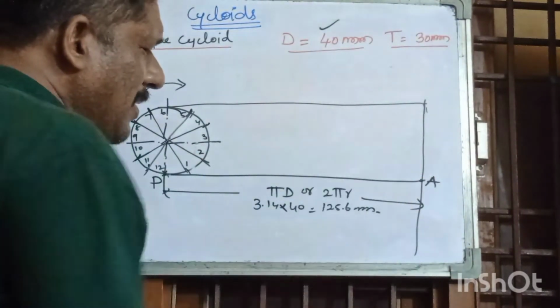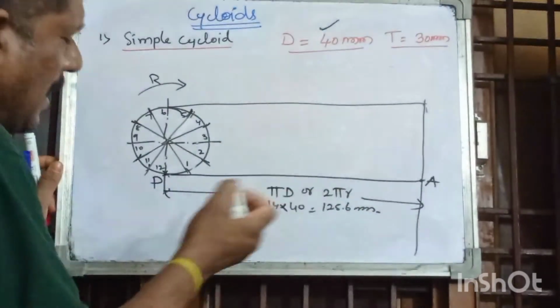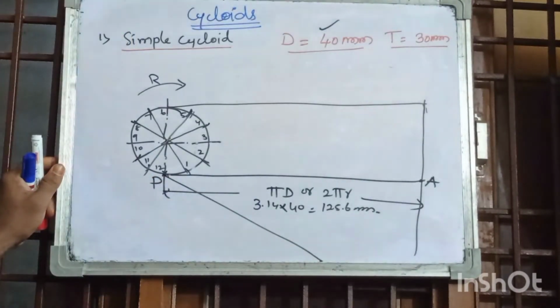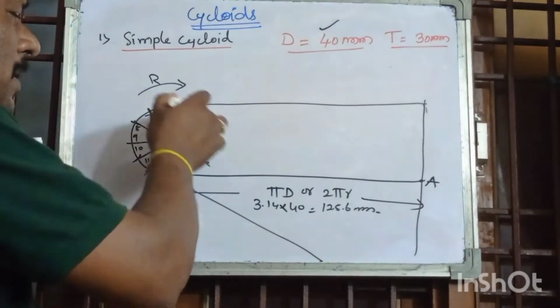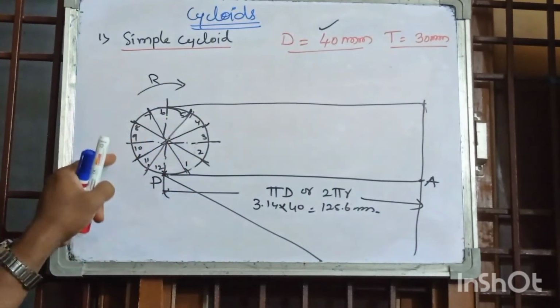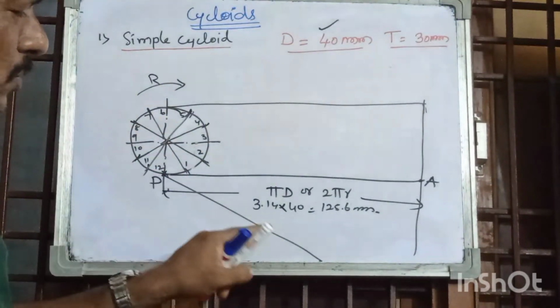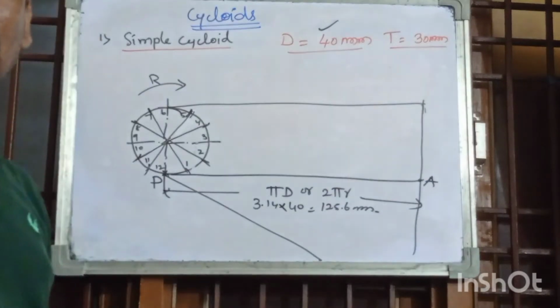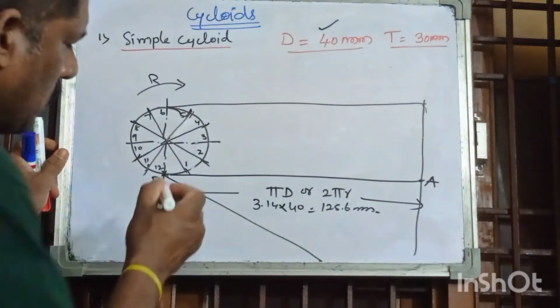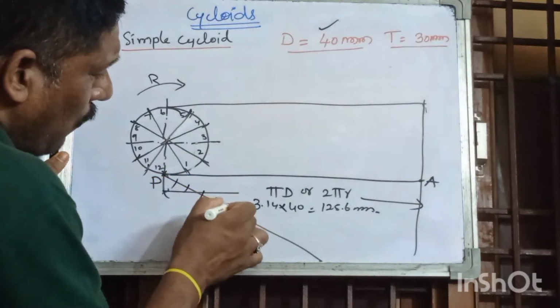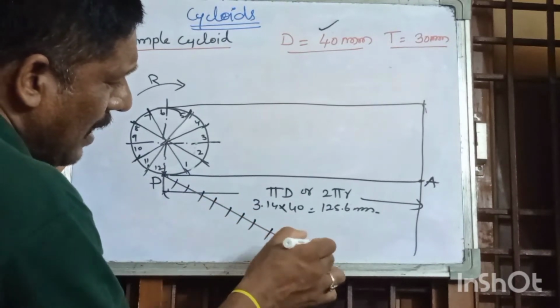So for this P to A length, you can divide directly or go for the indirect method. Suppose you are dividing the circle into 12 equal parts, then divide this PA line also into 12 equal parts: 1, 2, 3, 4, 5, 6, 7, 8, 9, 10, 11, 12.